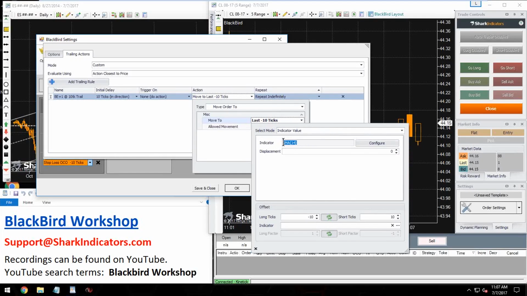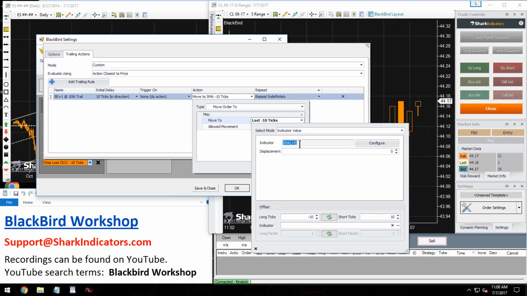Right. So again, any indicator used in your trailing rule follows what BlackBird's calculate on bar close is set to. So if you wanted your stop loss to trail the SMA in real time on a tick by tick basis, you would have to set BlackBird to calculate on bar close false.